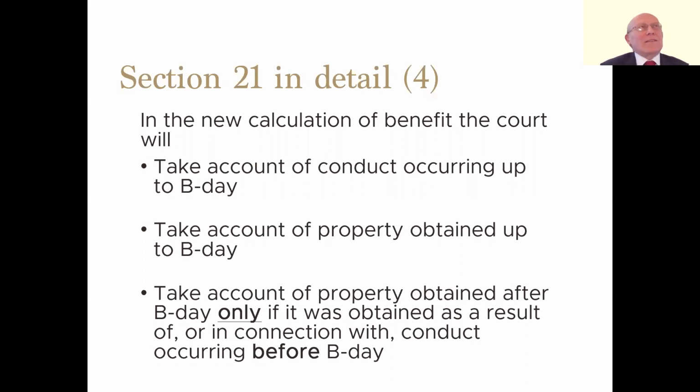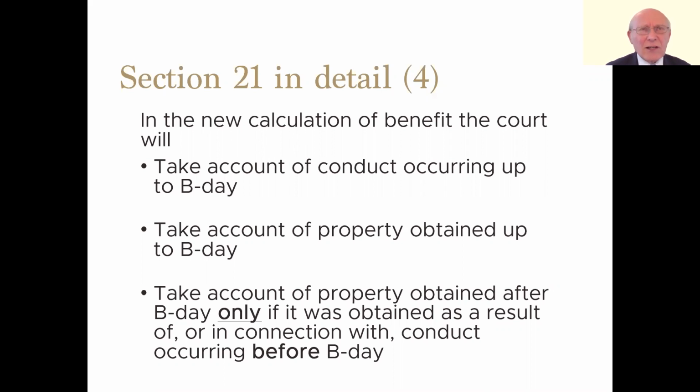So we can think of, for example, a mortgage fraud, where the benefit is based on the increase in value of the property, isn't it? So in a section 21 reconsideration, we might be saying, right, well, actually, the original decision was made 5 years ago. Since that time, the defendant still has the house.